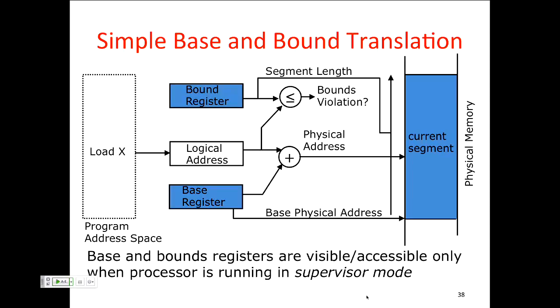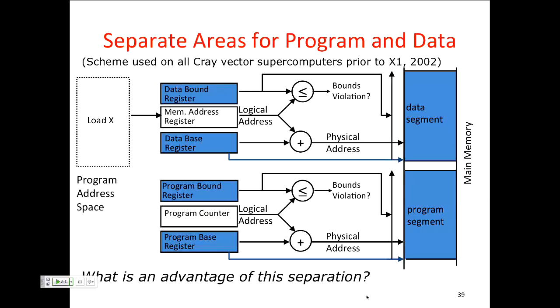So this is kind of a first approach, and this has actually been implemented in some real systems. In fact, a lot of the Cray vector supercomputers used to implement a scheme very similar to this, that is the same except that it has 2 base and bound registers, one for the data and one for the program. Can anyone see why that would be a good idea?